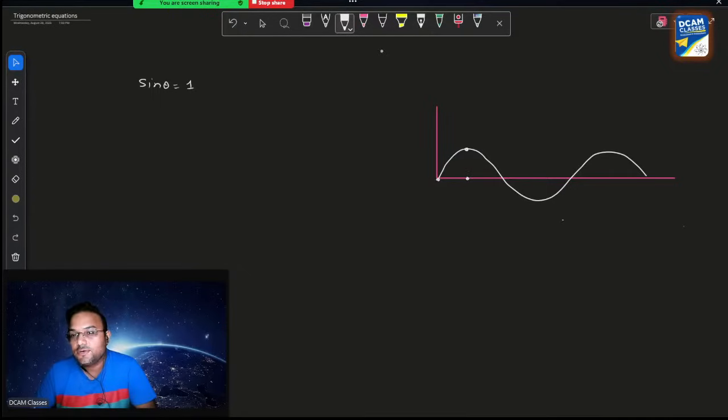At x is equal to pi by 2 you will get it, again at x is equal to 2 pi plus pi by 2, means 5 pi by 2, you can take. Again if you add 2 pi, 9 pi by 2 also you will get. So you are getting the value of theta as pi by 2, 5 pi by 2, 9 pi by 2, like that.